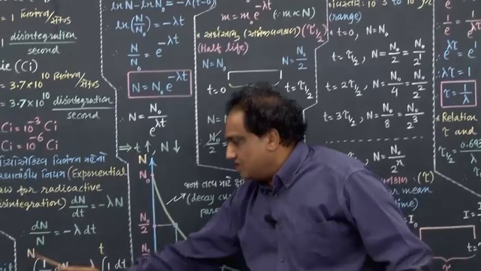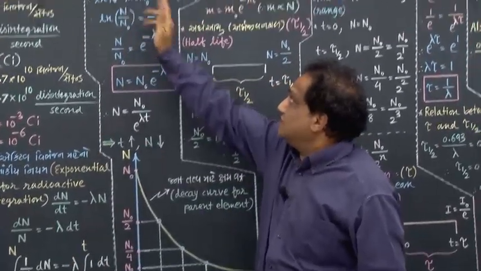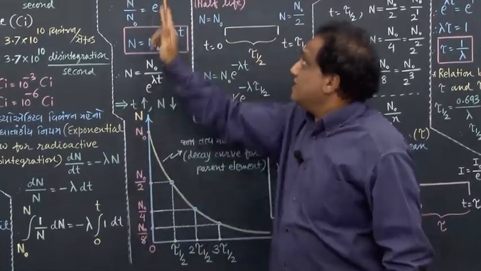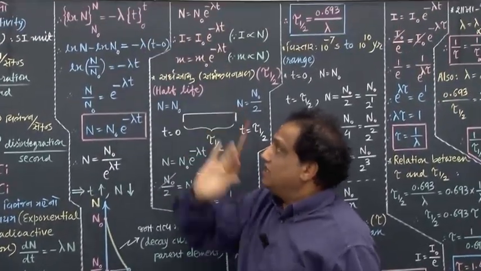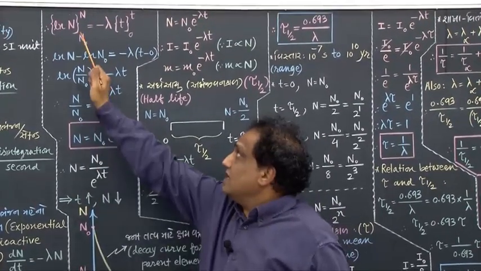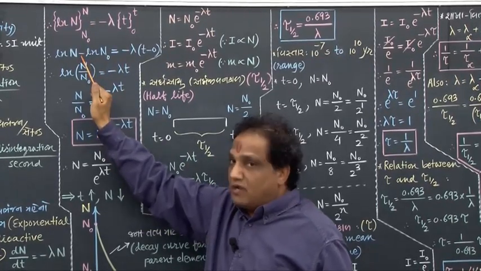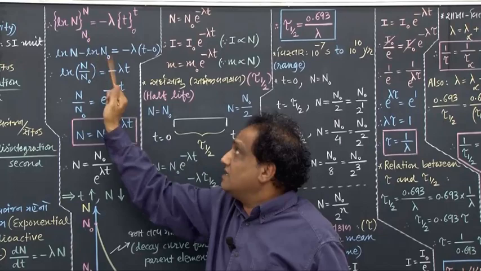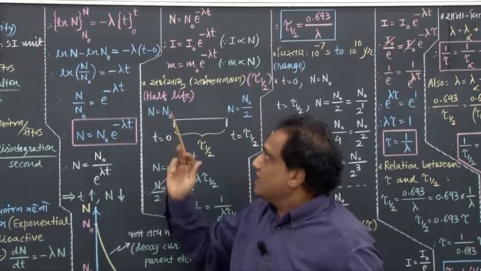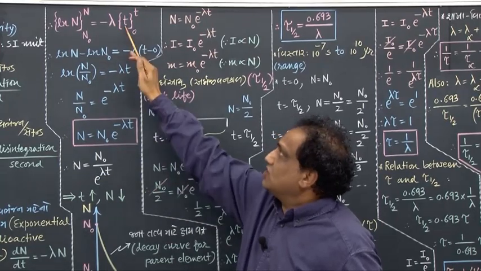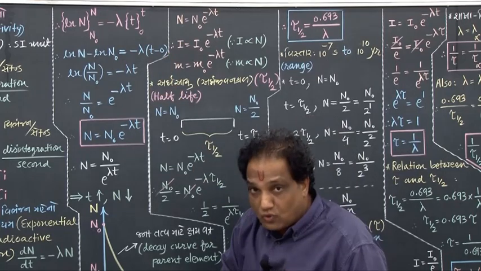And limits are from N0 to N. On the right hand side, minus lambda is constant, integration of 1 dt is t, from 0 to t. Instead of N we write the upper limit, that is N, and after putting the minus sign, instead of N we write N0. So ln N minus ln N0, and here minus lambda, instead of t we write t, and after putting the minus sign, instead of t we write 0.